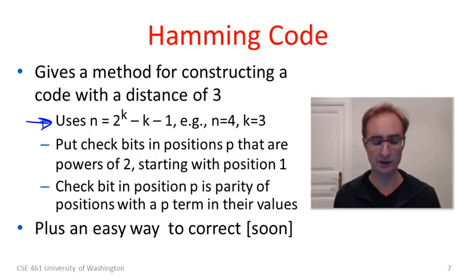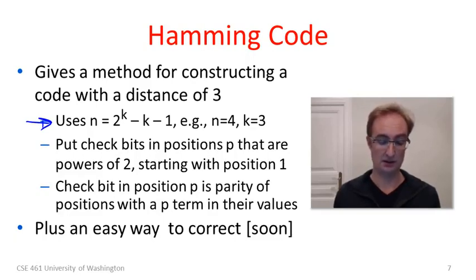If I have k for 3, for example, then I will end up being able to send up to 4 data bits. The way a Hamming code is constructed is you take all of these bits in the code word together and you lay them out, putting check bits in any position p that is a power of 2, starting your numbering from 1.